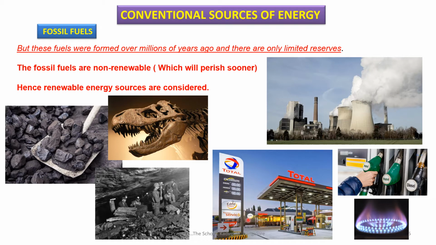And here is the petrol bunk where we get petrol, diesel, and different oils, right? And this is the cooking gas, liquefied petroleum gas, LPG. So everything is non-renewable. The non-renewable sources are conventional sources.